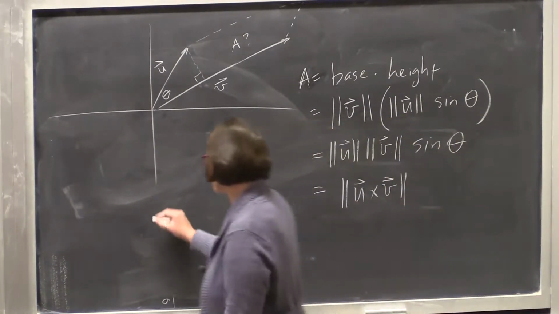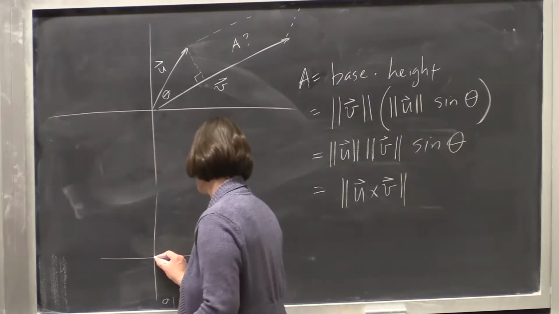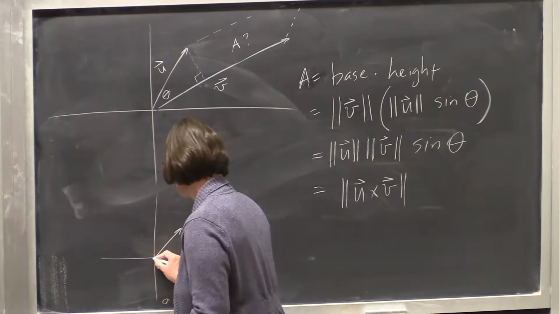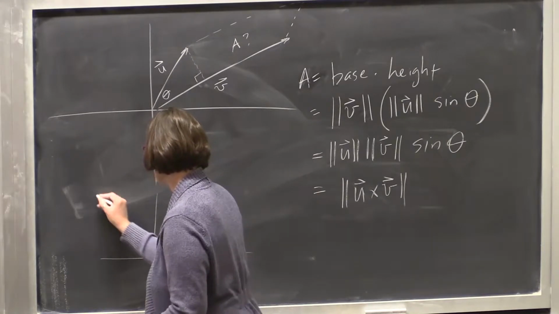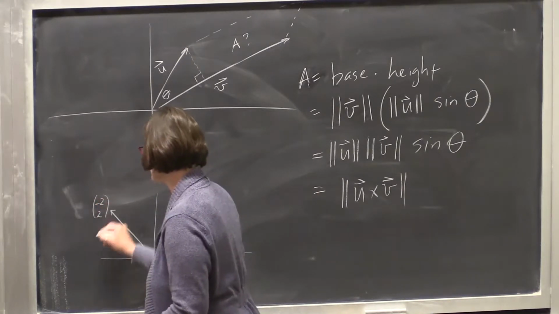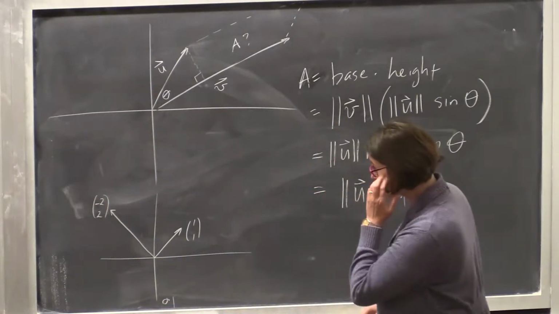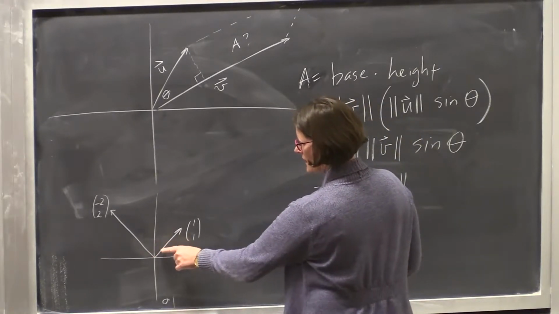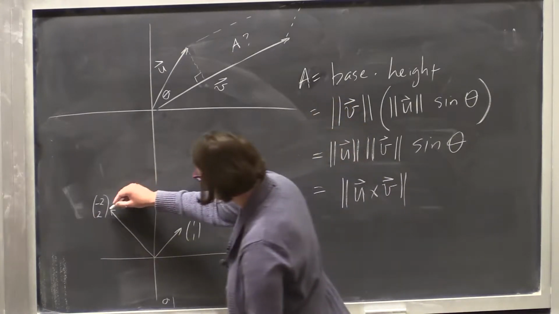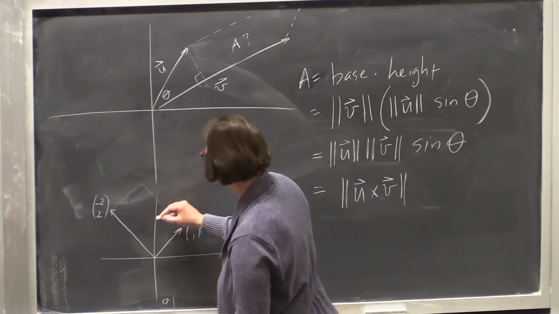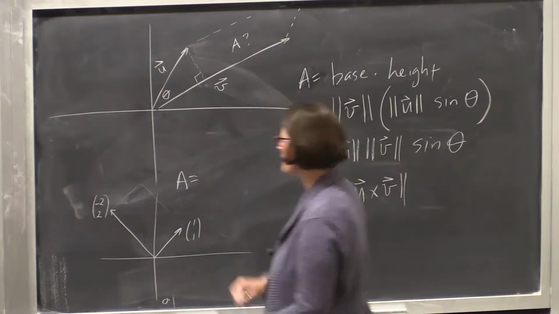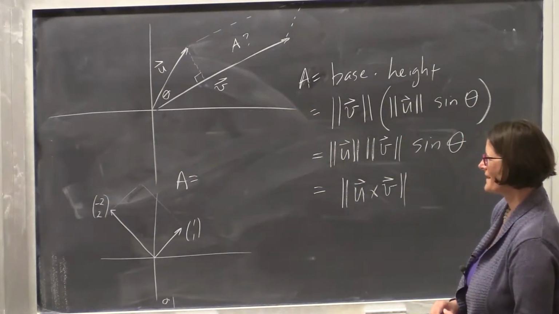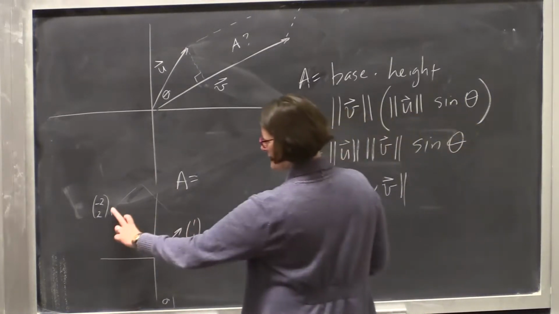Okay, now let's be a little bit more serious. What if they had given you the vector 1, 1, and this is the vector minus 2, 2. So first of all, what is this angle? 90 degrees, or pi over 2. This is, in fact, a rectangle. And we know from elementary school that the area of this rectangle is this length times that length.